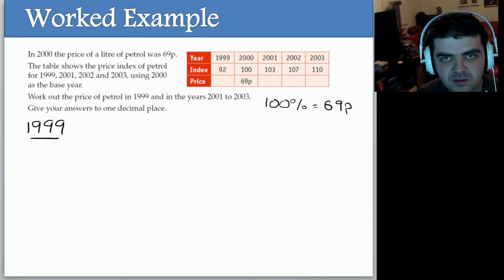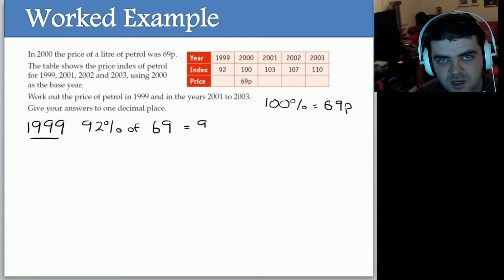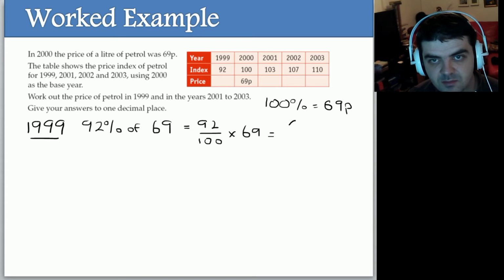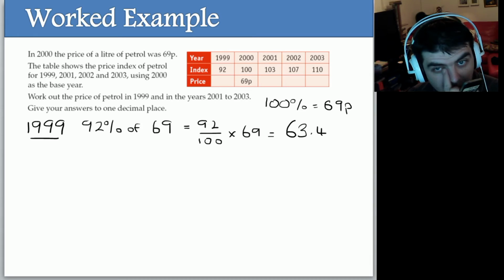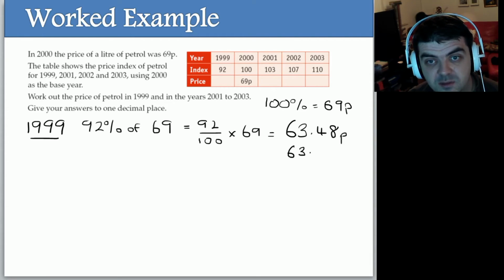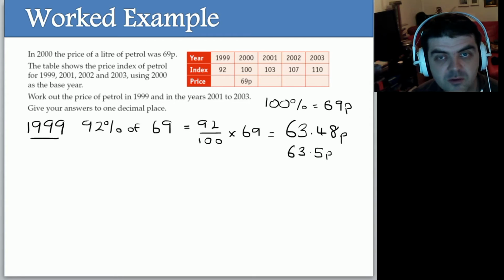So we just need to work out for 1999 what 92% of that number is. To work out 92% of the number, you do 92 divided by 100 and multiply by 69. On my calculator, 92 divided by 100 multiplied by 69 is 63.48p, or, to one decimal place, 63.5p.